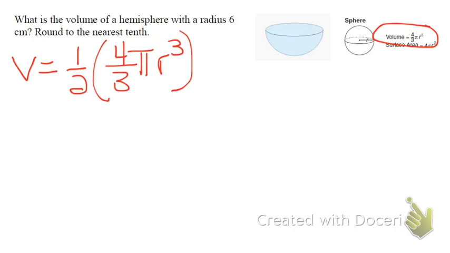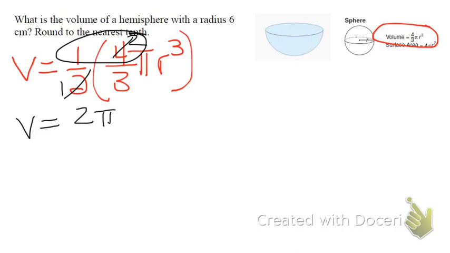And here's how you do that. The 4 and the 2 can both be divided by 2. 4 divided by 2 is 2. 2 divided by 2 is 1. Now if I multiply straight across, the volume formula will become 1 times 2 is 2 pi r cubed. Now on the bottom, 1 times 3 is 3, so it's 2/3 pi r cubed.